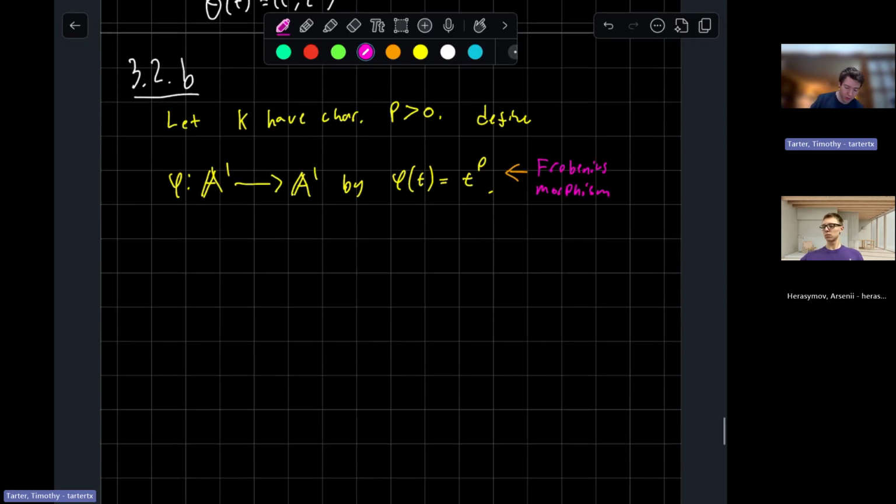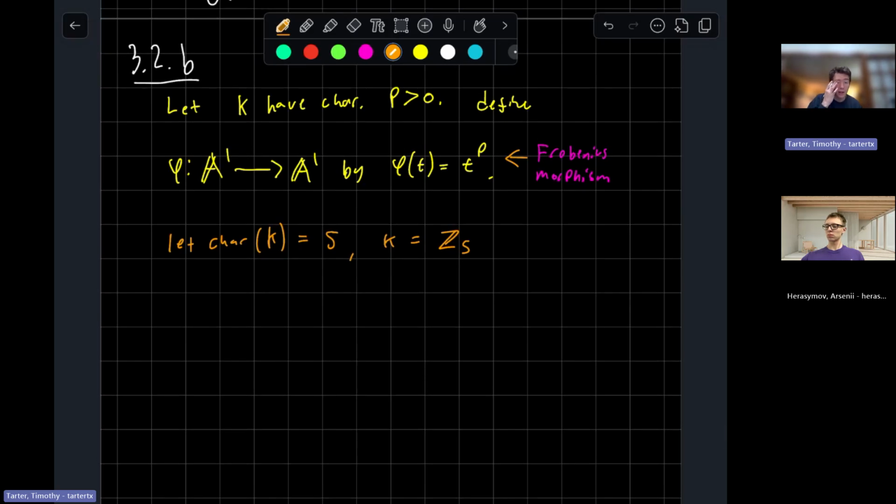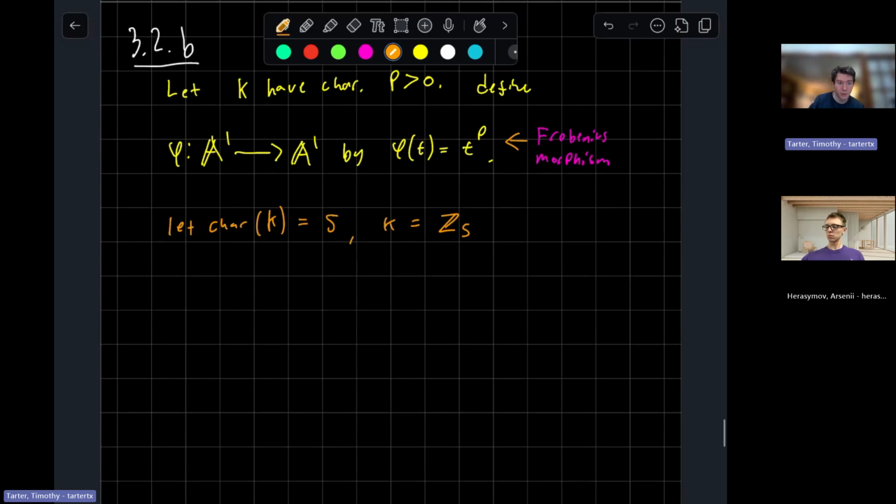Well, let's just work through an example here. Maybe let the characteristic of k be equal to 5, right? So then k is equal to Z/5, because there's exactly one field of order 5.